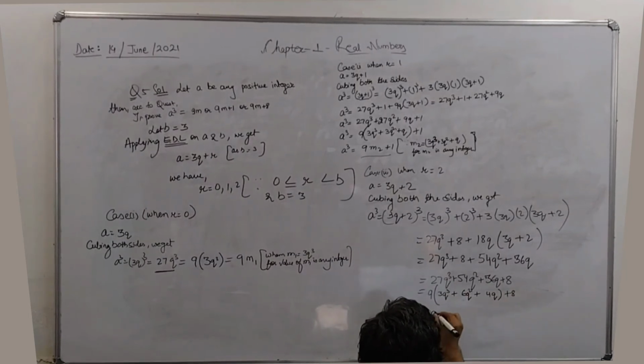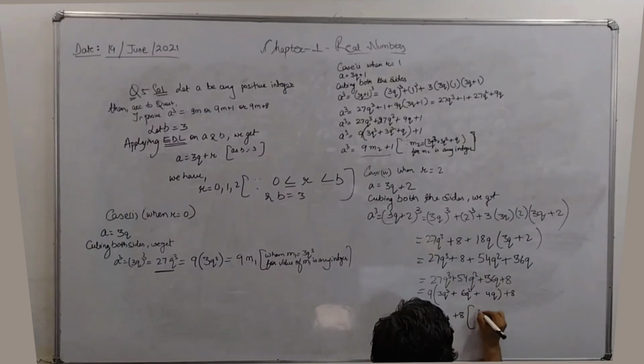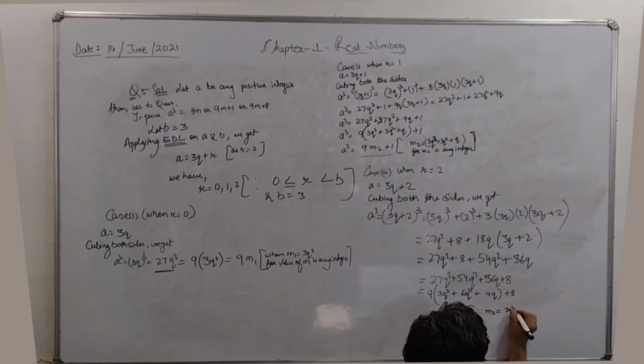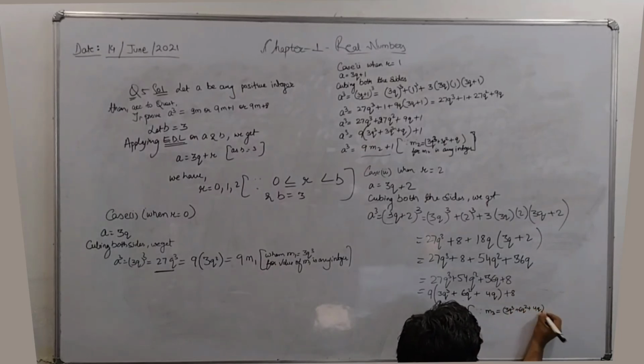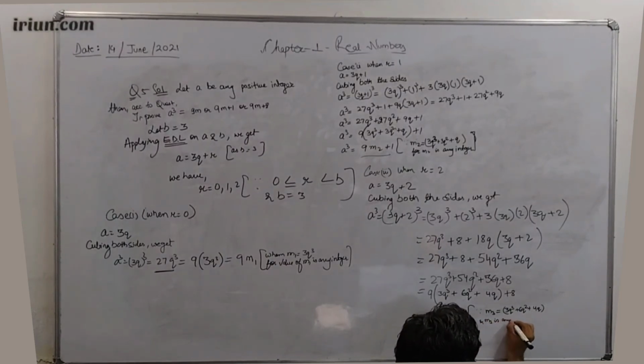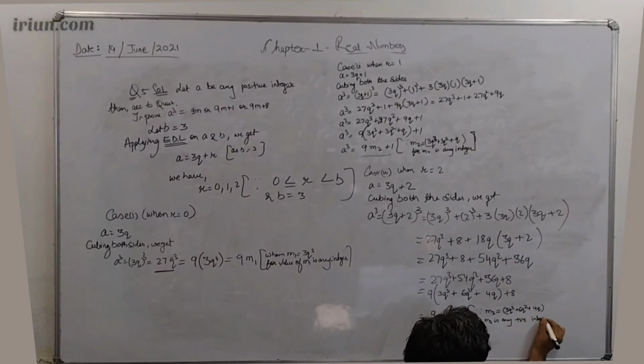So we can say that it is 9m3 plus 8, because m3 is equal to 3q cube plus 6q square plus 4q, and m3 is any positive integer.